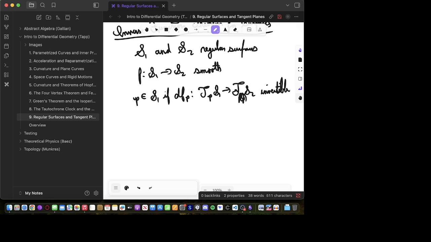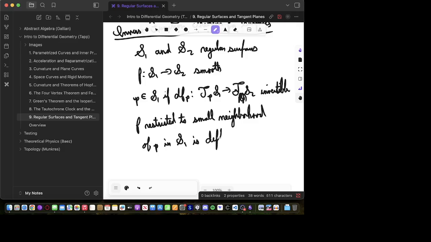sorry for the messy handwriting, but if the derivative from the tangent plane of S1 at P to the tangent plane of S2 at f of P is invertible, then f restricted to a sufficiently small neighborhood of P in S1 is a diffeomorphism onto its image.